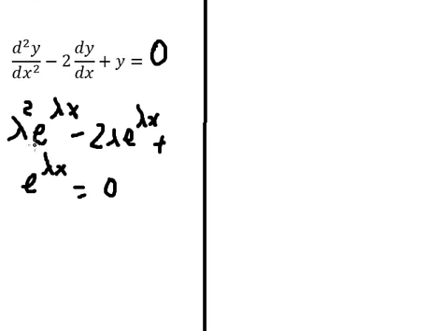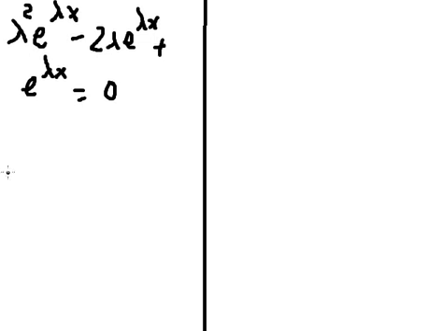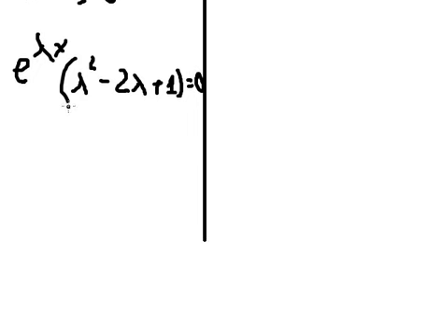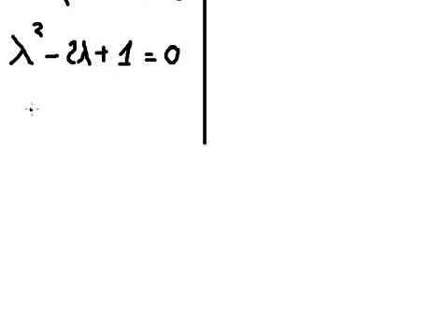So we can do factorization by e to the power of lambda s. So we can find the solution of this one. Now for this one, we just have lambda equals 1.